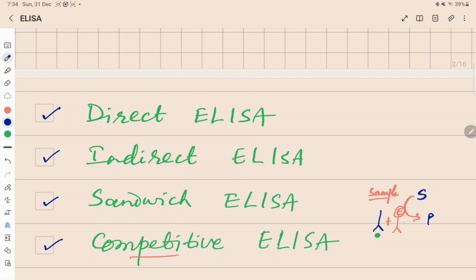If the antibody in the sample is less, then the antibody conjugated to the enzyme will bind. And when the antibody conjugated to the enzyme binds, only then the substrate will be converted to a colored product. So accordingly, these 4 types of ELISA, and in later classes we will study in detail about these 4.